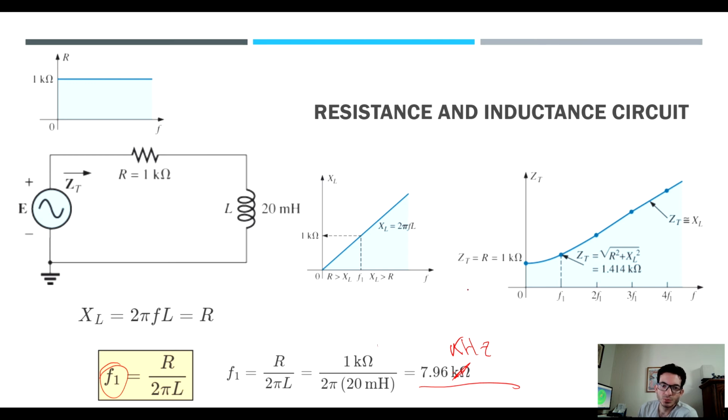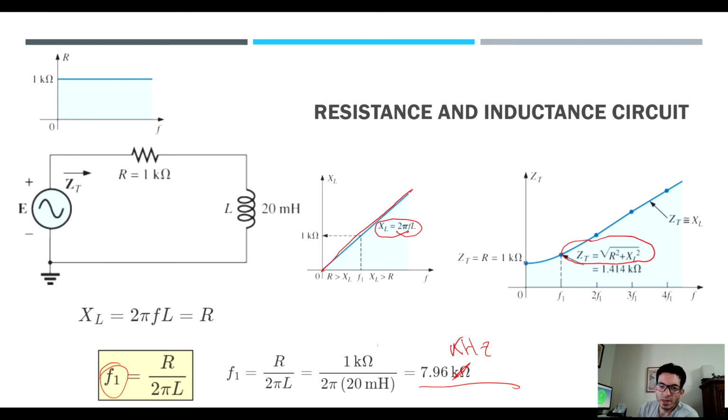So if you were to compute your reactance because of the inductor, you simply have to compute 2 pi f times L. You vary your frequency, therefore you get a straight line. And when you compute your total impedance, you simply have to compute the square root of R squared plus your reactance squared.